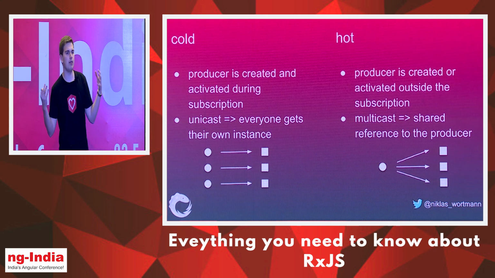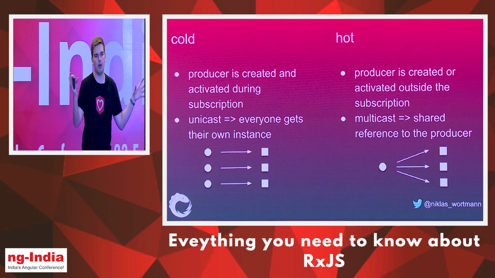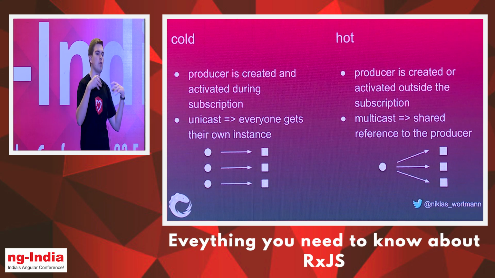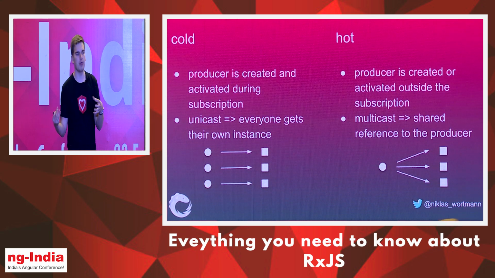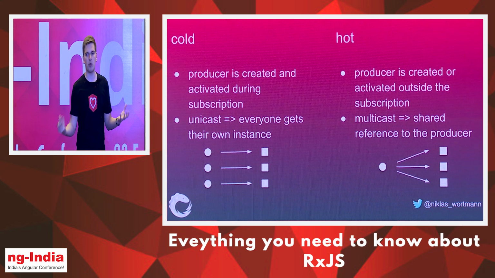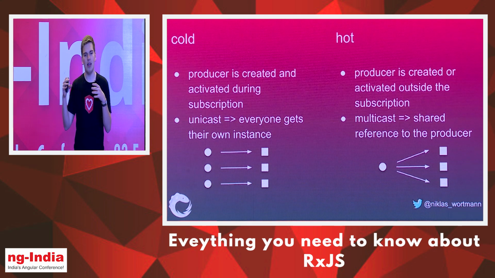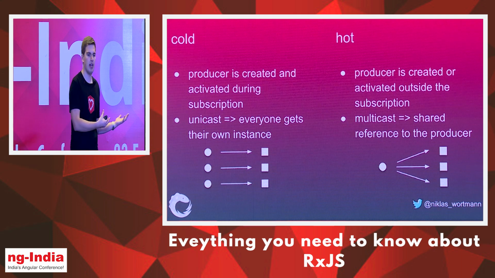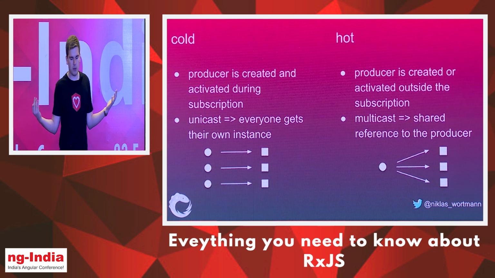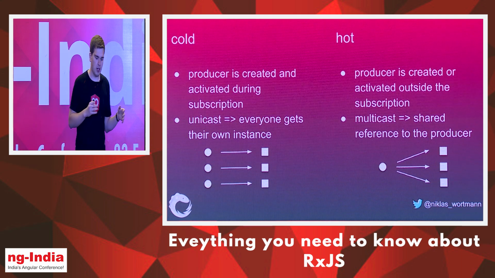So we can think about, for example, an HTTP call, right? We're having an HTTP call which is created inside the subscription. This leads to the fact that every subscriber gets a new instance of the HTTP call, and the HTTP call is requested again every time for each subscriber. That's what a cold observable is about.